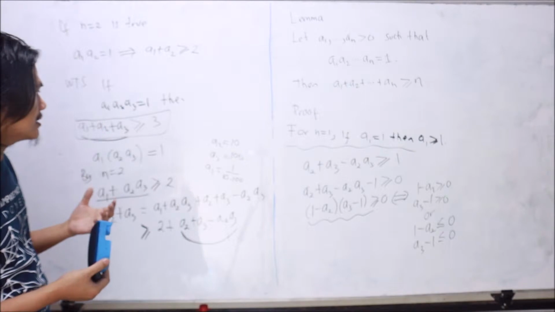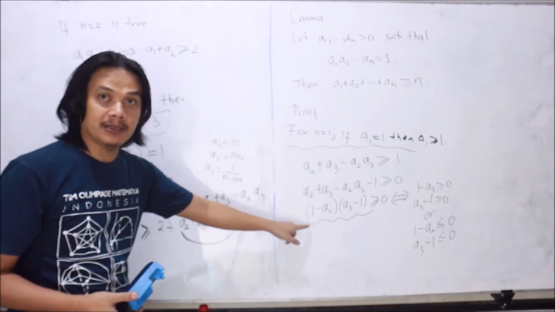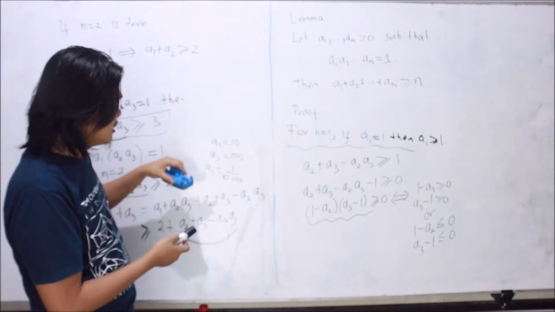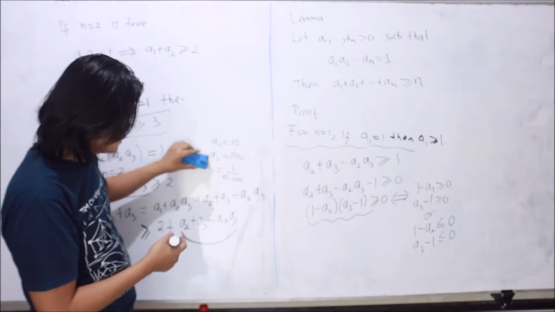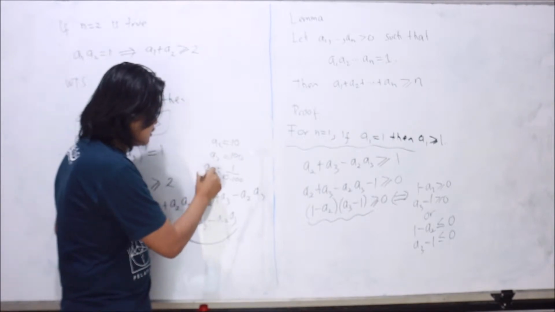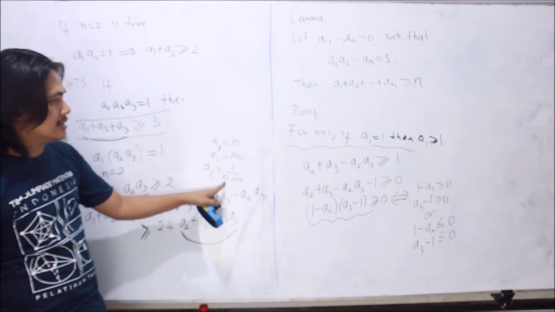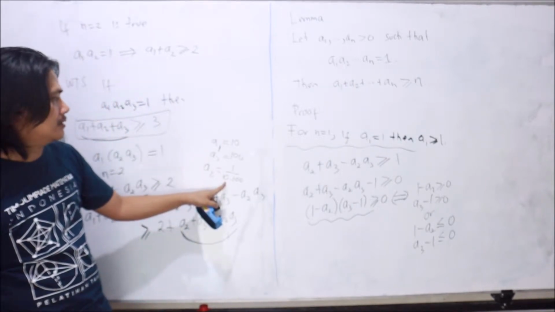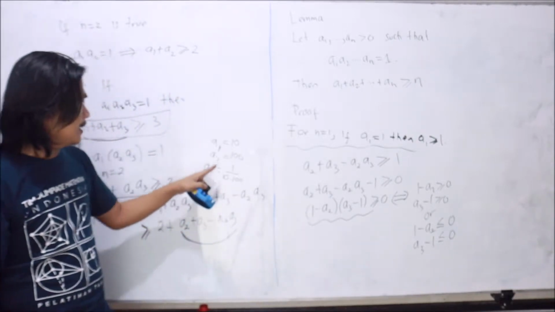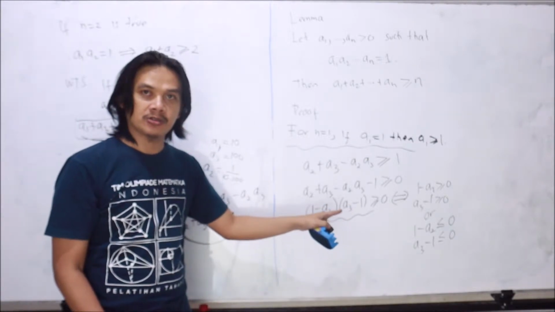So even though this a2 and a3 do not satisfy this requirement, if we instead relabel, so this guy becomes our a2 and that guy becomes our a1, then this guy is less than 1, which makes this positive, and that guy is bigger than 1, which makes that positive. So the product is also positive.